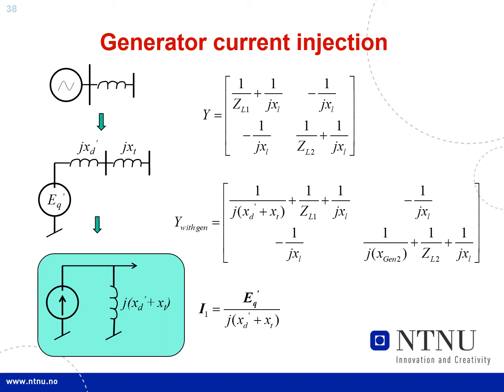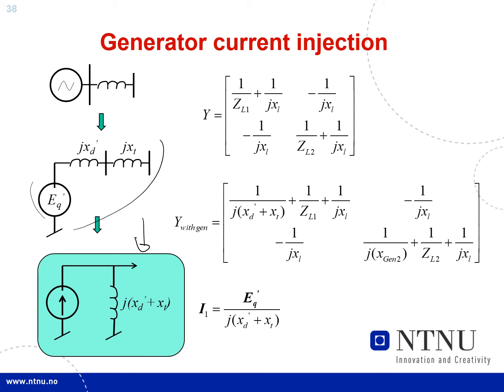And the reactance, if we go from the Thevenin representation down to the Norton representation, we can add these reactances into the network model.